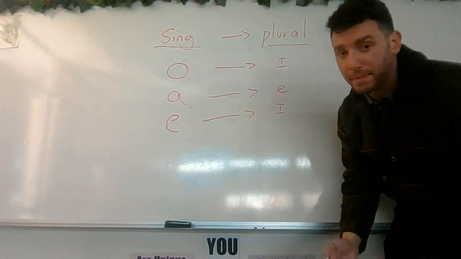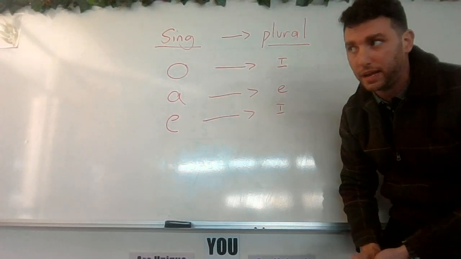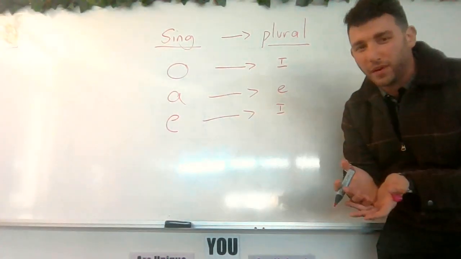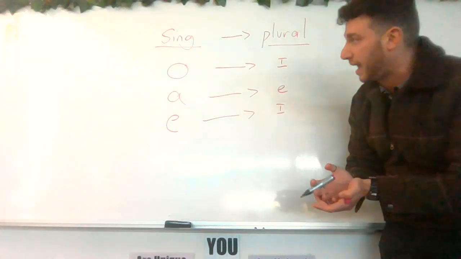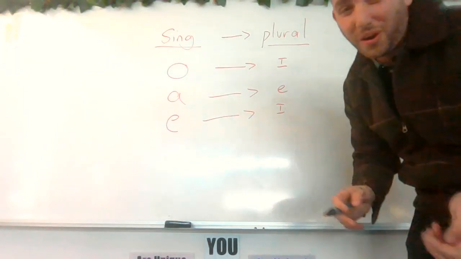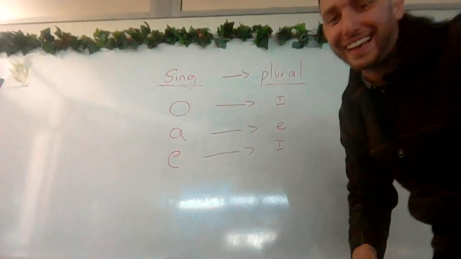Now, hopefully, before this, you've looked at genders of different nouns. That is very important when we're looking at Italian. For now, we're going to assume that you know about that. Maybe you don't. Always worth going back and having a look.